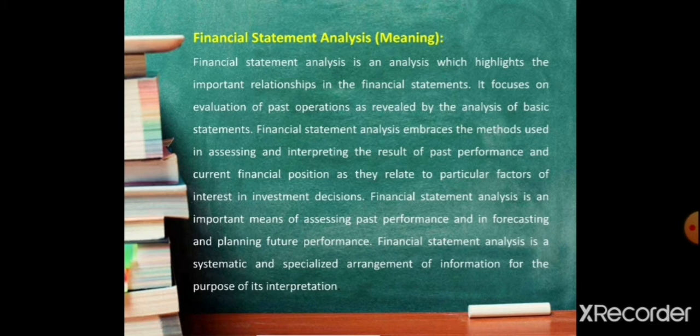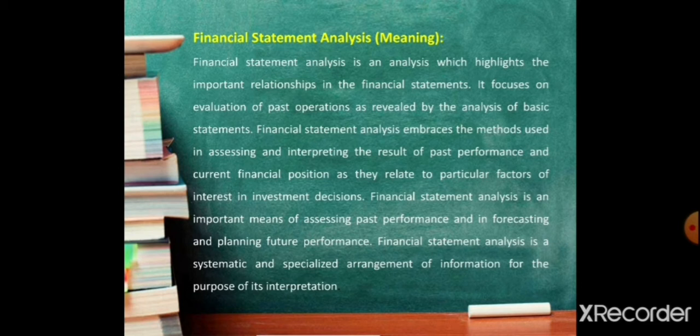For example, if we are given the figures of only gross profit earned by a business firm, we cannot say whether the gross profit is heavy, reasonable, or insufficient. For this purpose, we must take into consideration the figure of sales. Thus, the gross profit is required to be studied in relation to the sales to decide the percentage of gross profit to sales.